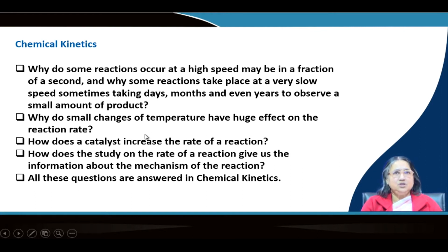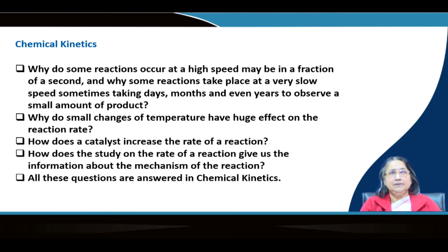Why do some small changes of temperature have a huge effect on the reaction rate? And how does a catalyst increase the rate of a reaction? Say for example, hydrogen and oxygen, if you mix them, then they will produce water, and this is a spontaneous process, but it will not happen unless you put some spark or you can add some catalyst.